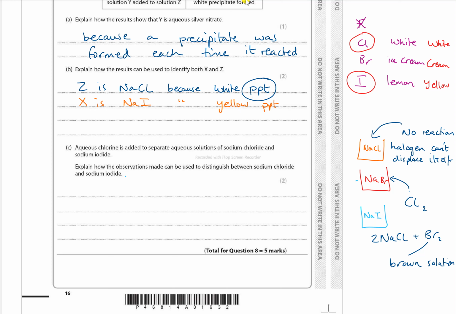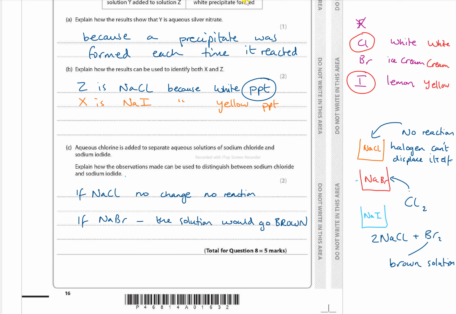So if added to sodium chloride, no change, there's no reaction. If you add it to sodium bromide, the solution would turn brown because of bromine water.